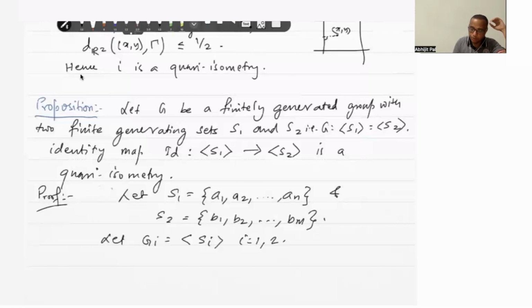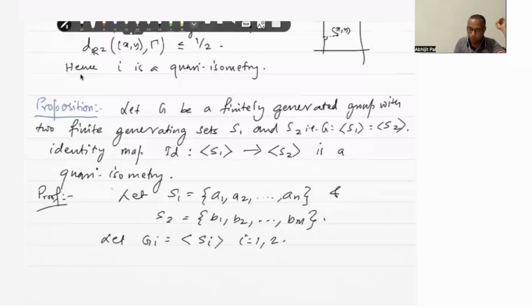And so this vertex set is nicely embedded in the Cayley graph. In fact, it is quasi-isometrically embedded in the Cayley graph. Therefore the Cayley graphs will also be quasi-isometric to each other. That is very easy to check, so I'll leave this as an exercise.